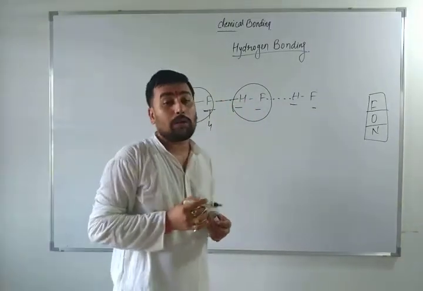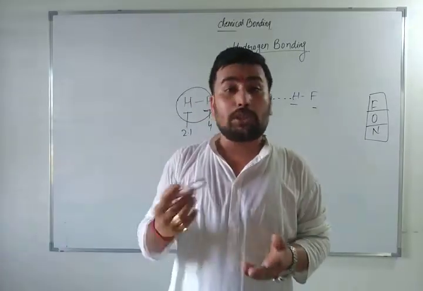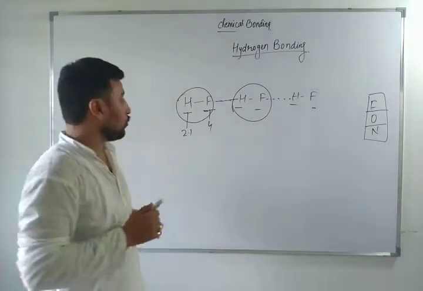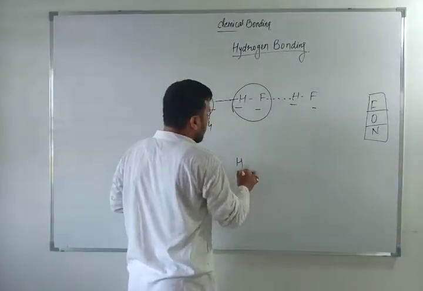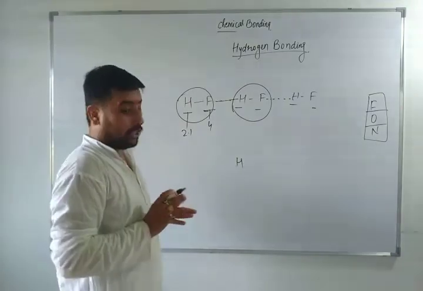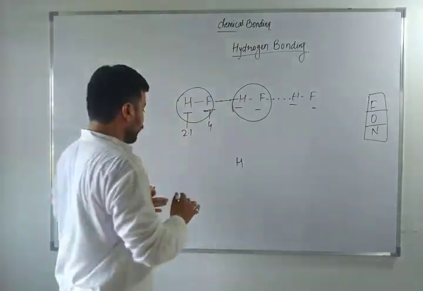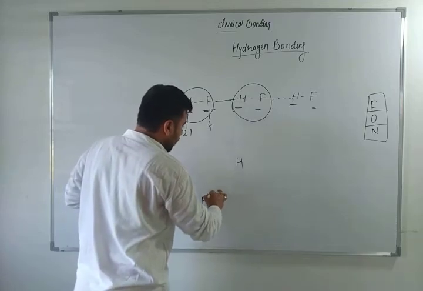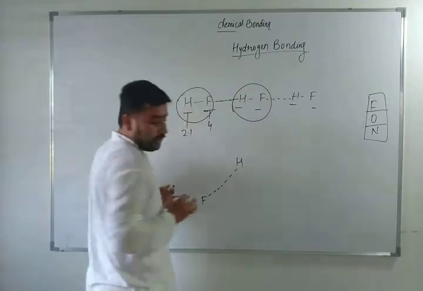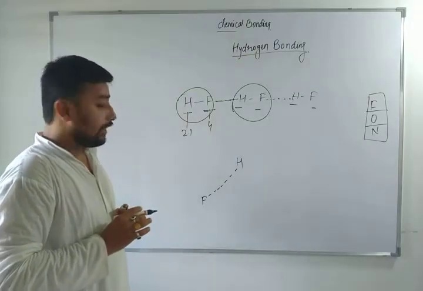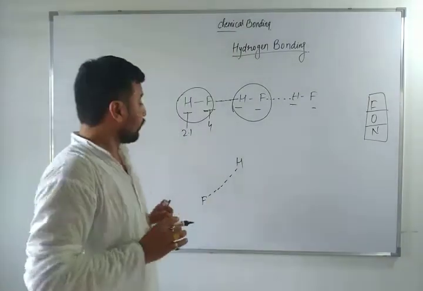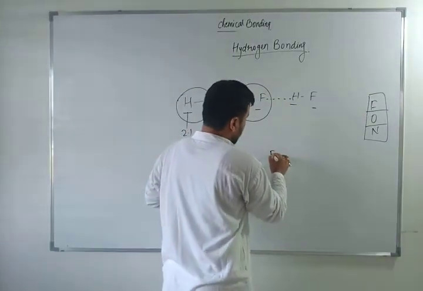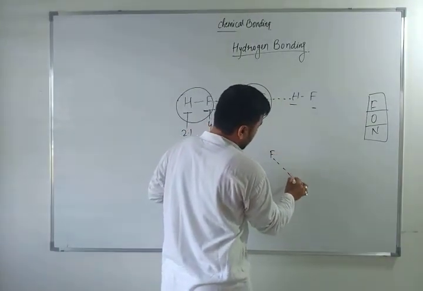Now the question is, how will be the shape? You can ask me, sir, how will be the shape of this HF? First of all, I would like to say, fluorine is a highly electronegative element. Right? So fluorine will be here, with one electron attached like this. Now, this hydrogen atom is there, and another fluorine atom is attached with this hydrogen atom.